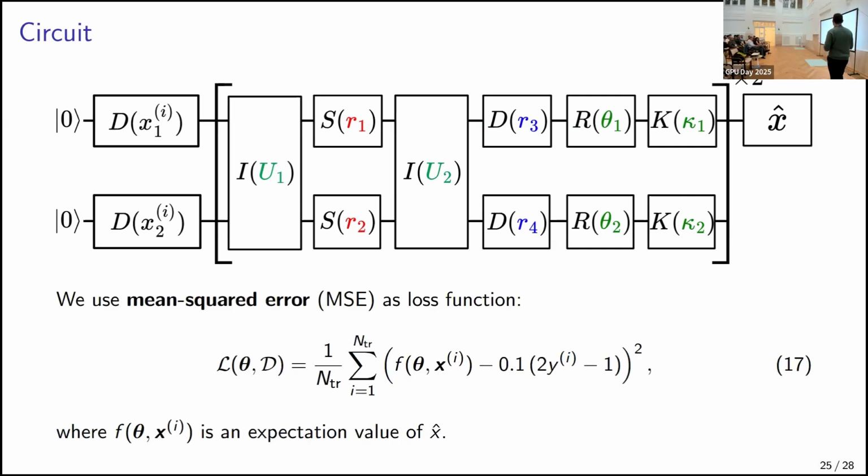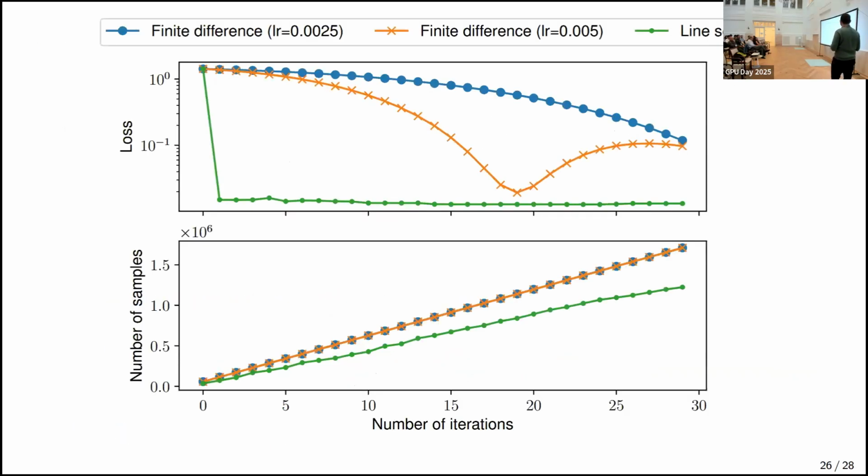I use the very simple mean squared error as a loss function, where I use the expectation values, and the expectation value is that of this x observable here, which corresponds to a homodyne detection. And I have run some simulations. I use the finite difference method with two distinct learning rates.